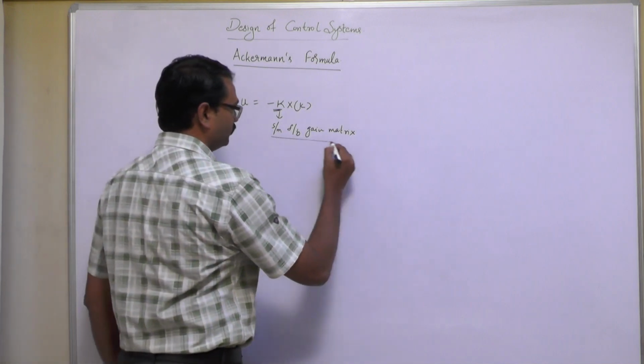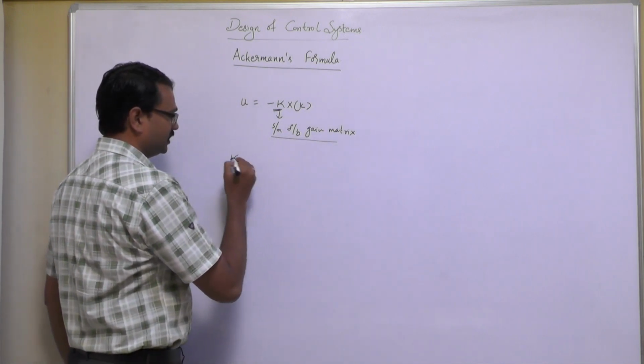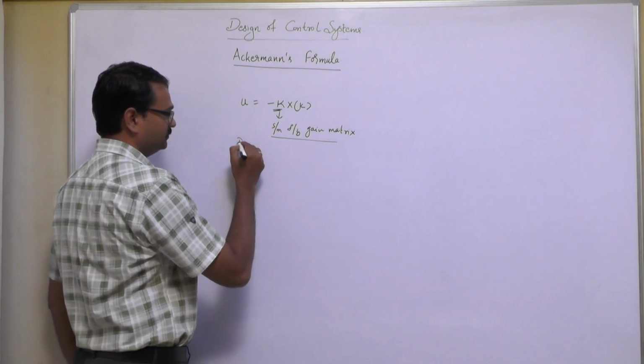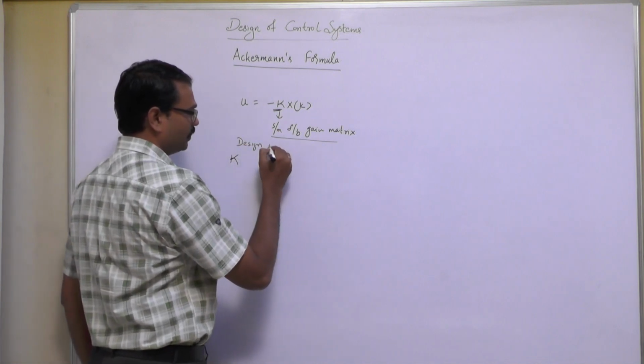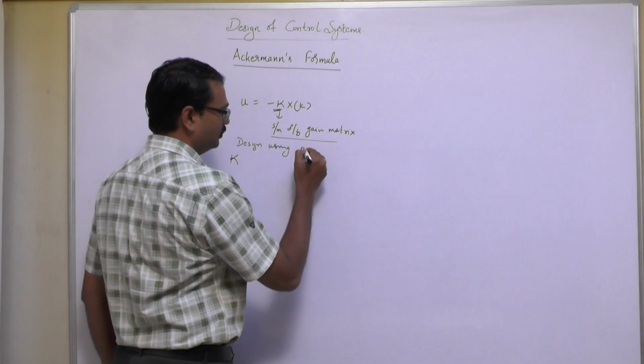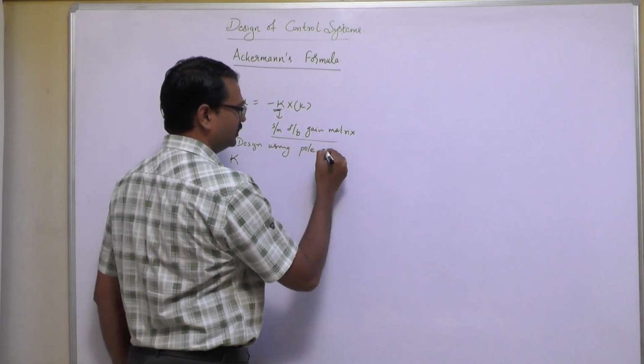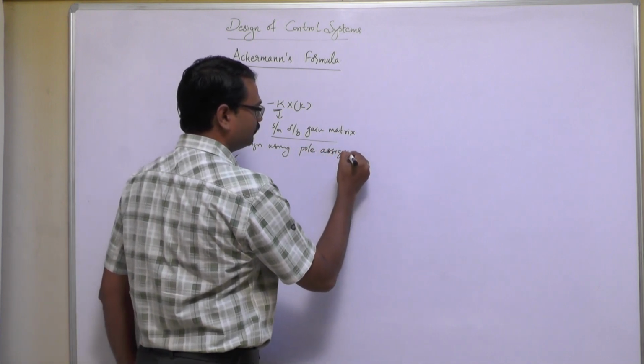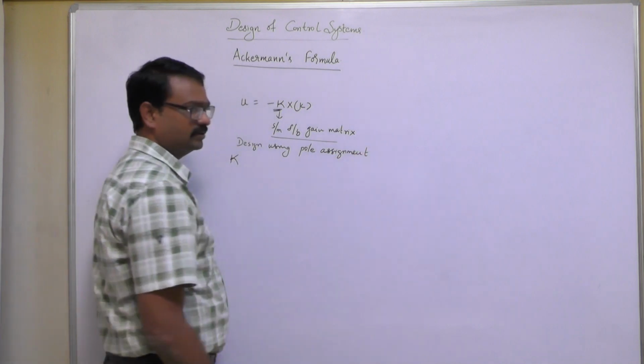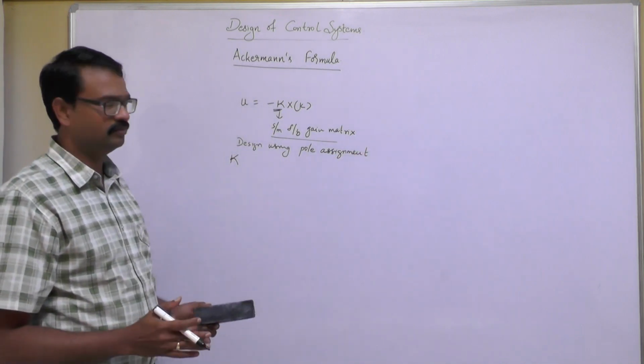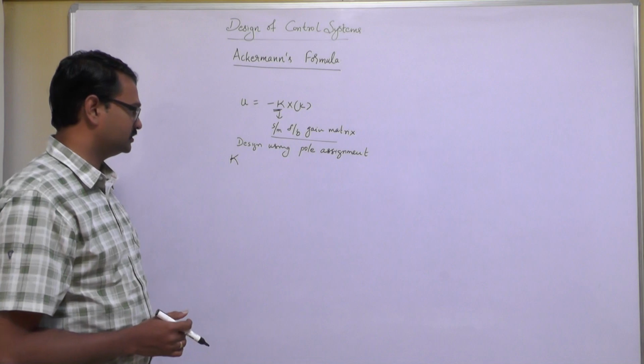With this formula that we derived using the pole placement or pole assignment technique, we can place the poles anywhere in the desired locations.